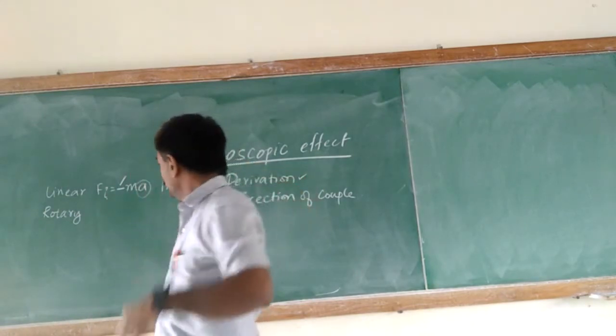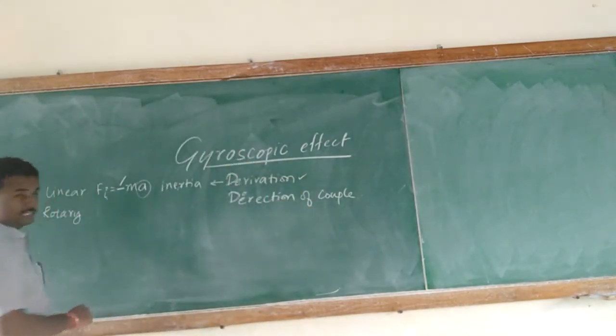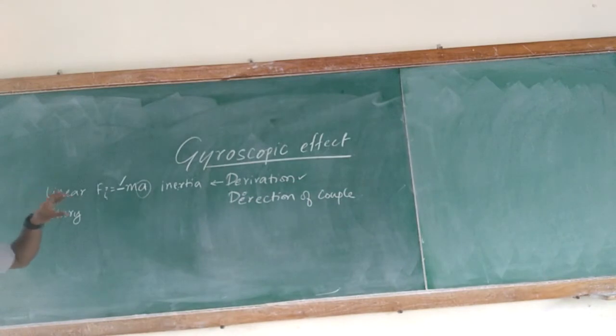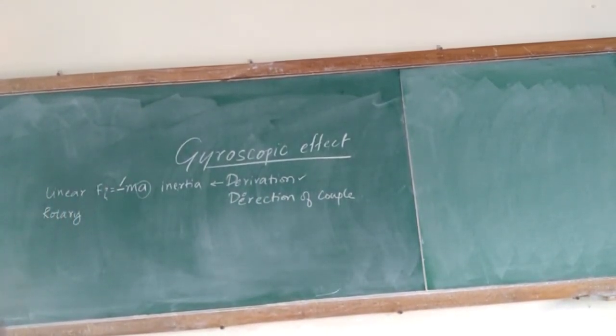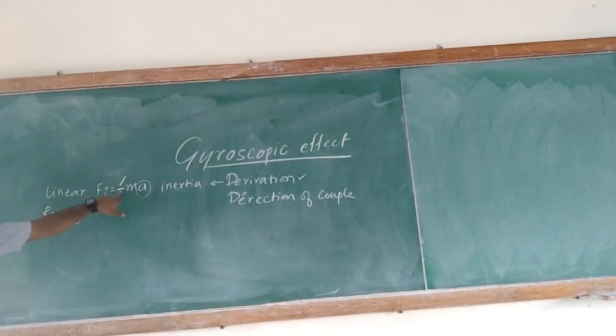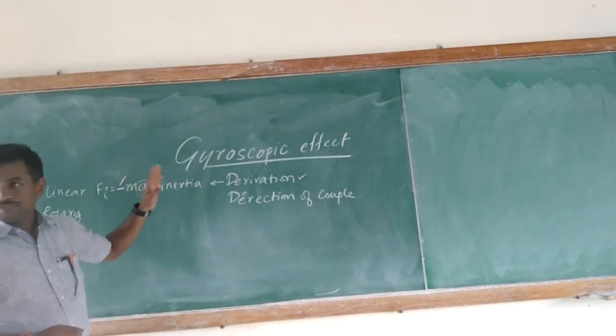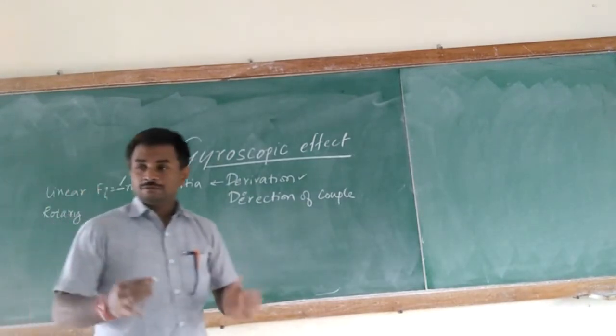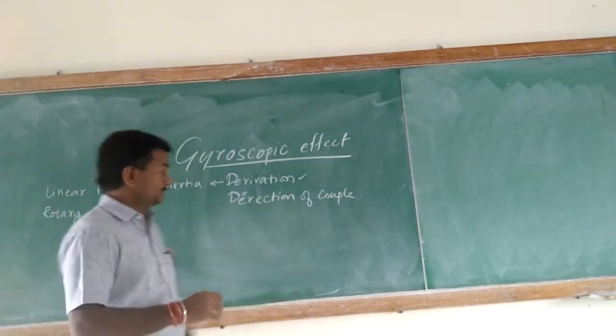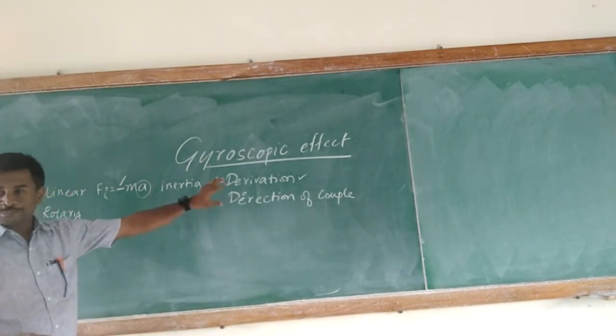Now let us see how this gyroscopic effect will act. First we will have to derive the formula. After deriving the formula, we have to again predict direction. In this case, it was opposite to acceleration, easy. But in gyroscopic, it will be a little tough. We will have to see how it is. So should we start? Okay.